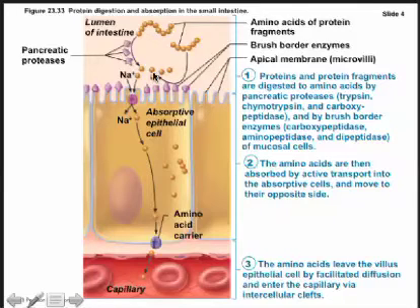At that point, we have active transport of amino acids using a sodium amino acid symport. So this is the ATP-dependent process to pump these amino acids into the epithelial cell and then straight across the basal surface directly into the bloodstream. And at that point, we can carry this amino acid directly to the liver, where it will decide what to do with it next.